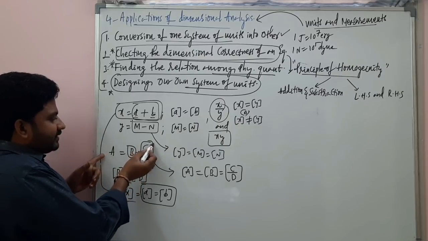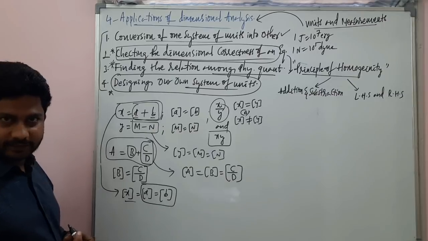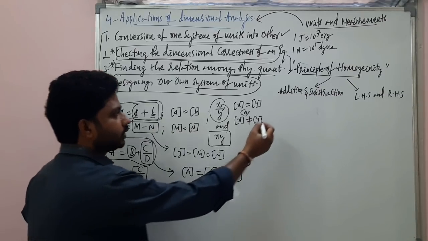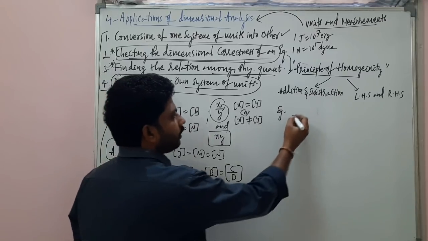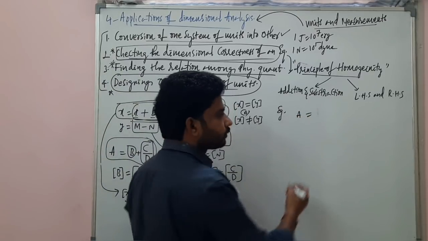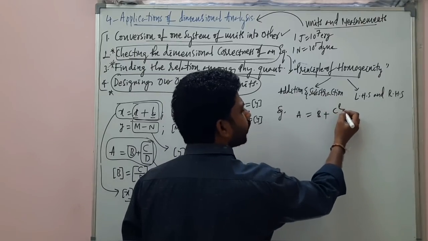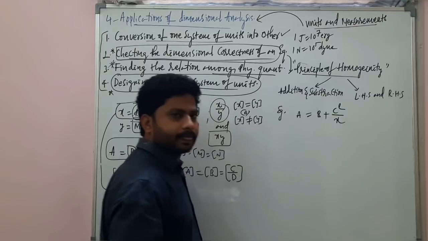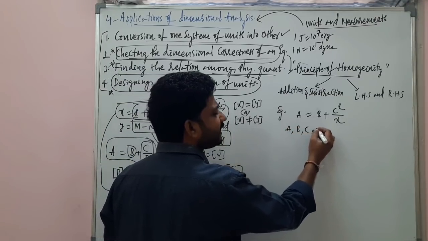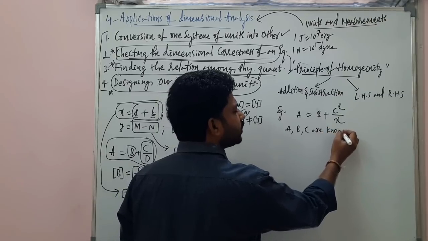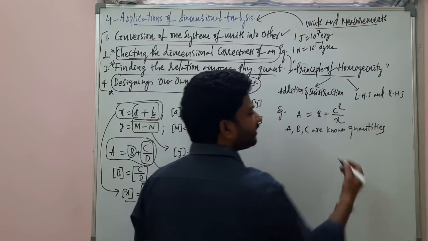Let's take a similar equation like this. For example, A is equal to B plus C square by X. A, B, C are known quantities with dimensions.